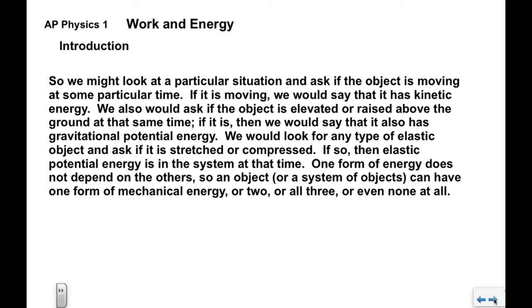If yes, then the elastic potential energy is also present in the system. One form of energy does not depend on the others. So an object or a system of objects can have one form of mechanical energy, or two, or all three, or potentially even none at all.